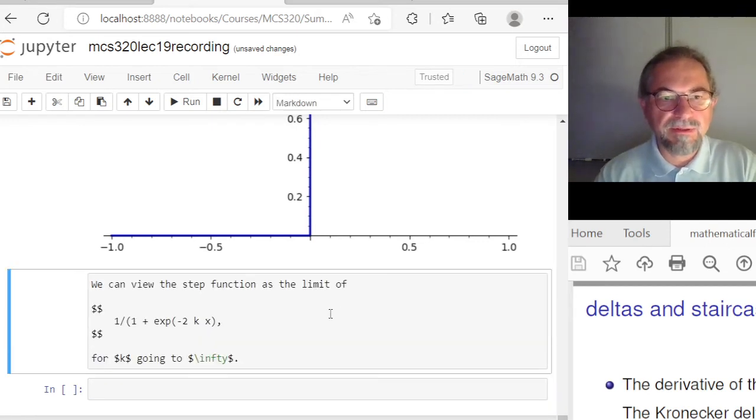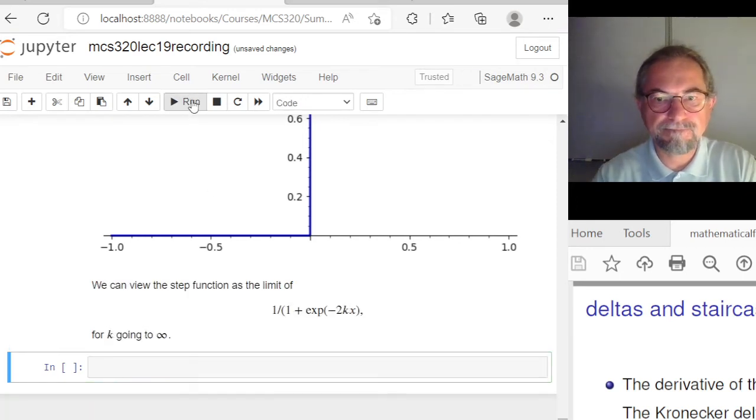Okay, so let me fix that still a little bit. So this is a definition of a function with a parameter and one variable, x. So x is the variable, k is the parameter.